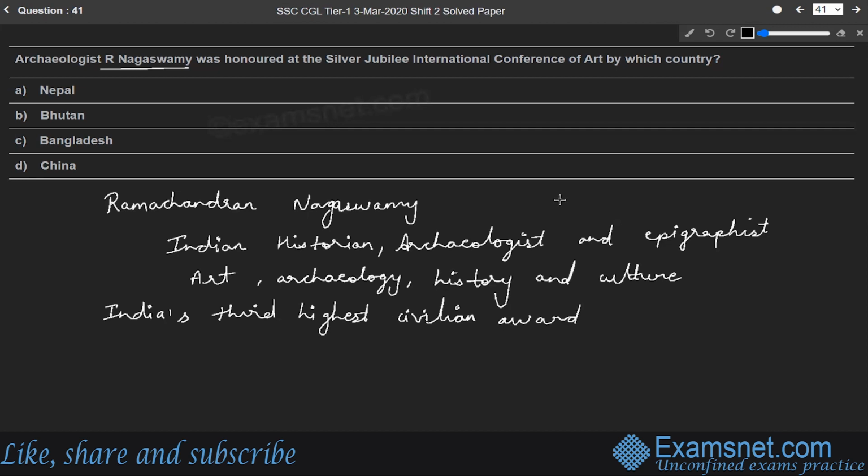Do you know what is India's third highest civilian award? It is Padma Bhushan. He was awarded Padma Bhushan in the year 2018.